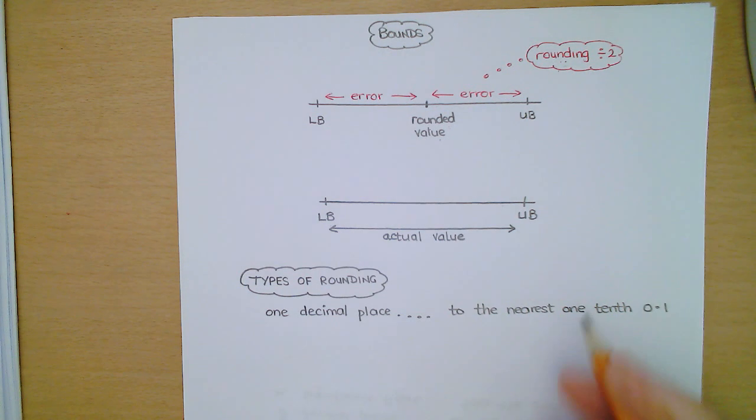And the reason for that is because the first decimal place is your tenths column. So if you're rounding to 1 decimal place, that means you're rounding to the nearest 1/10, 0.1.